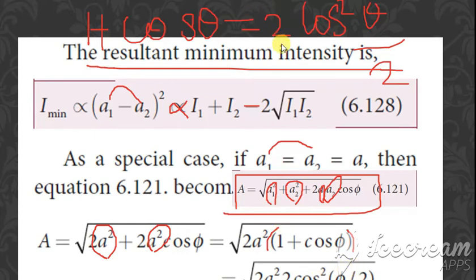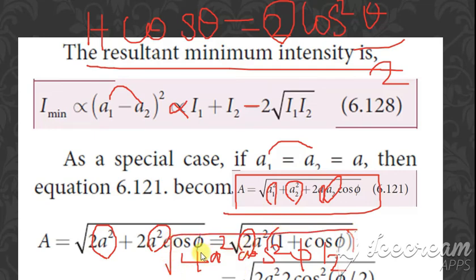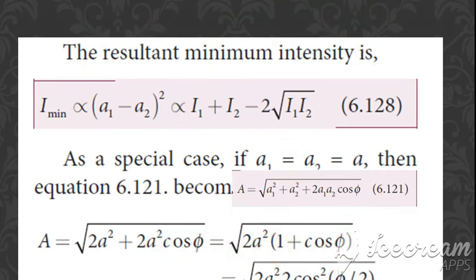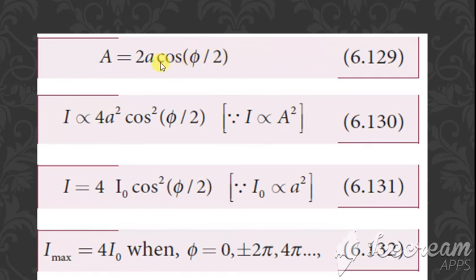The 2 here and the 2 there become 4, so we get 4 a square cos square phi by 2, all in the root. Taking the root, 4 becomes 2, a square becomes a, and cos square becomes cos. So a is equal to 2a cos phi by 2.